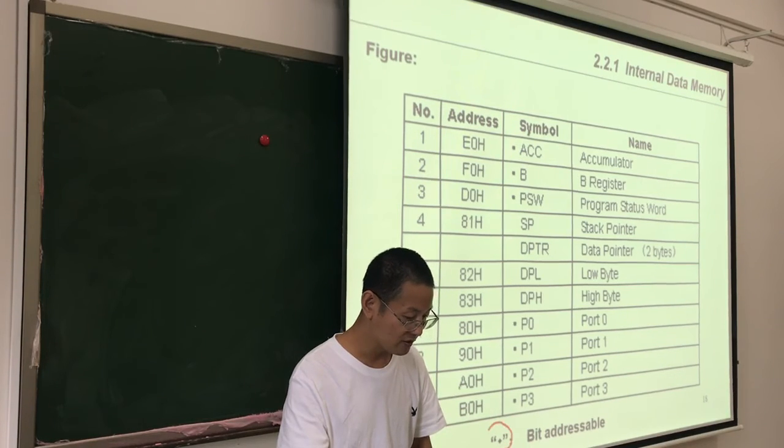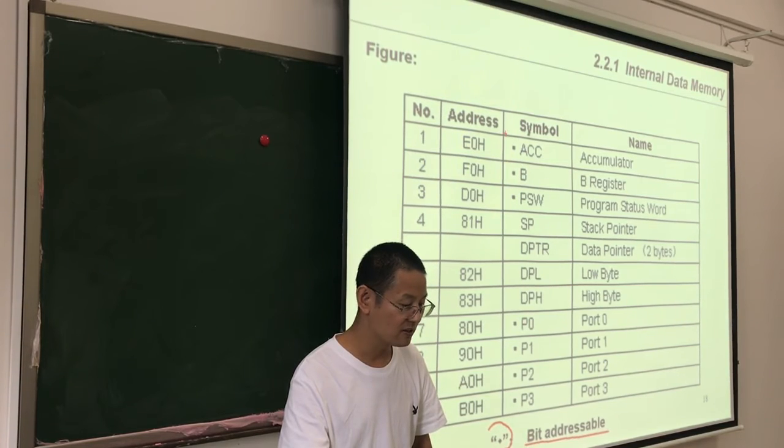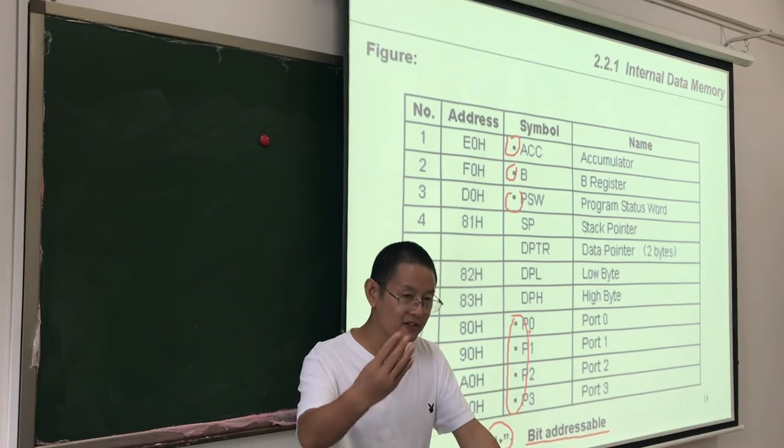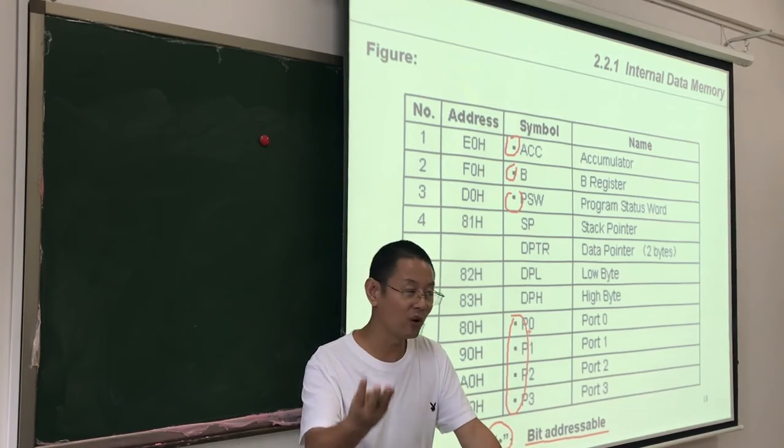There's a point, which means bit addressable. This means you can use addresses like P0.1, P0.0.